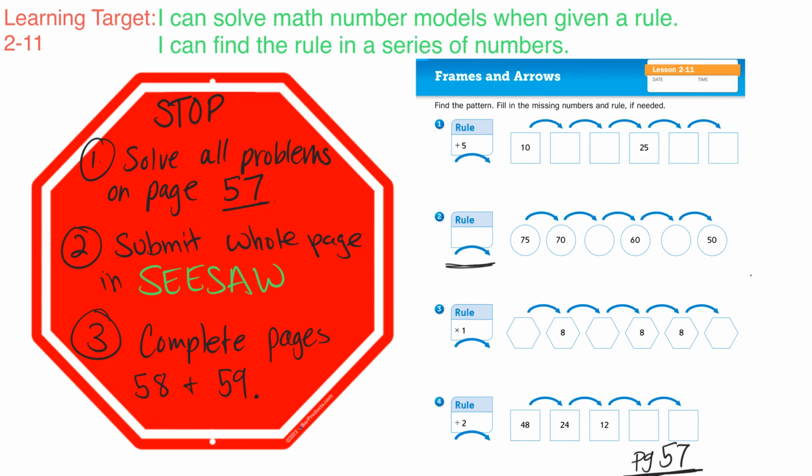So when you're done, you're going to solve all the problems on page 57. You're going to submit the whole page in Seesaw, this whole page that's right over here to our right. After you get done, please then complete pages 58 and 59. Those do not need to be submitted in Seesaw.